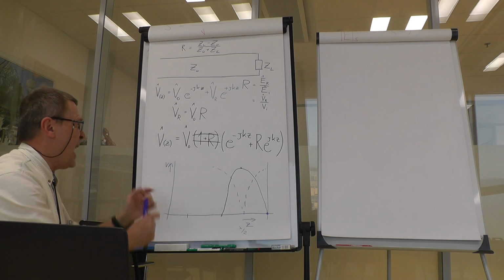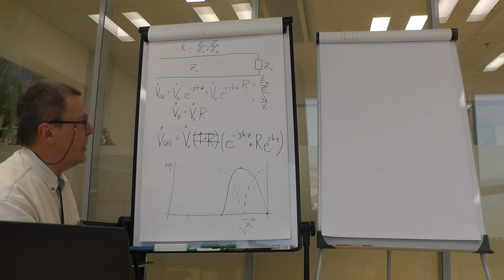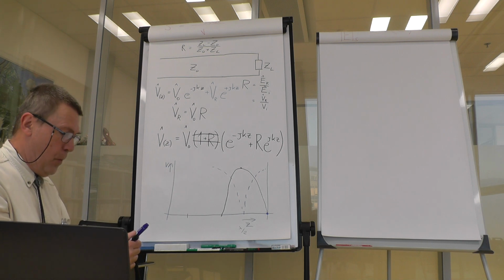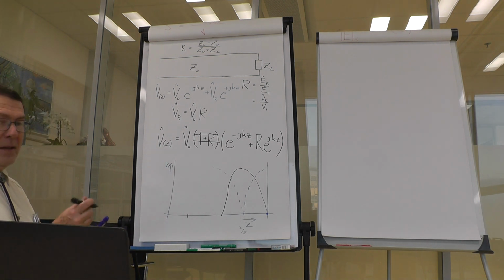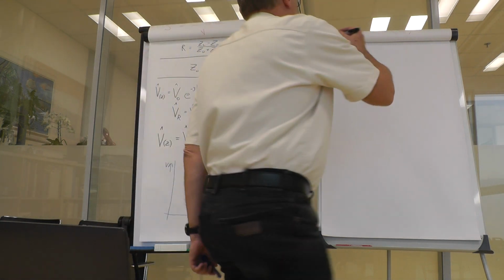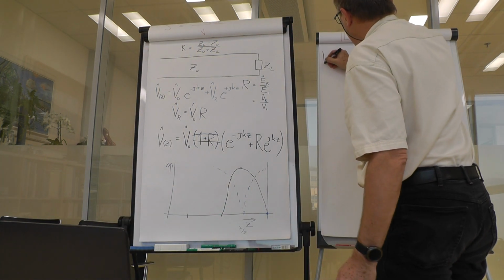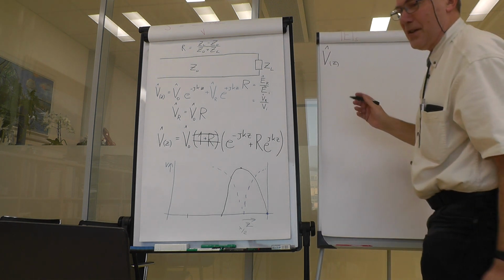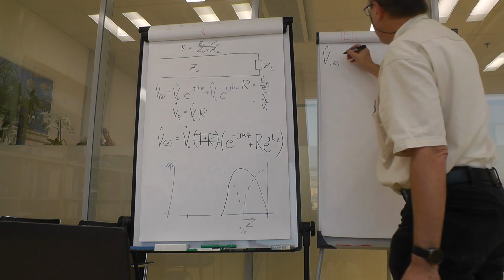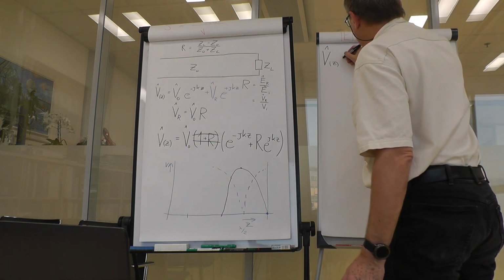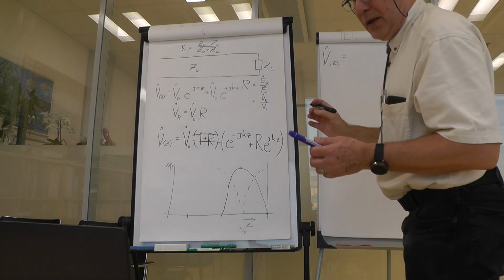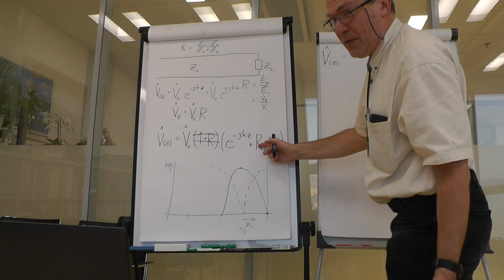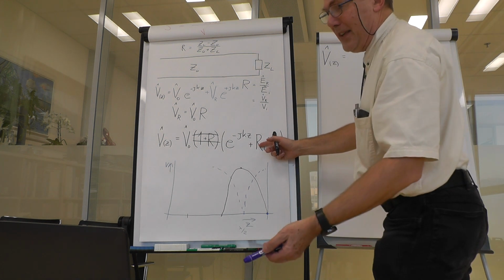Now let us get back to the equation. We can now rewrite it a little bit, and we could do that, for example, like this. So we will have the voltage as a function of z. Still, remember we have a hat here, so it's a phasor. And this voltage would be expressed in two terms for a general reflection coefficient R, which could range from -1 to +1, and from -j to +j.